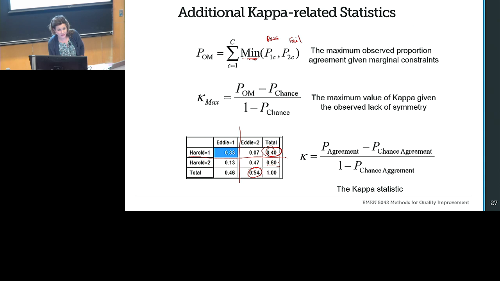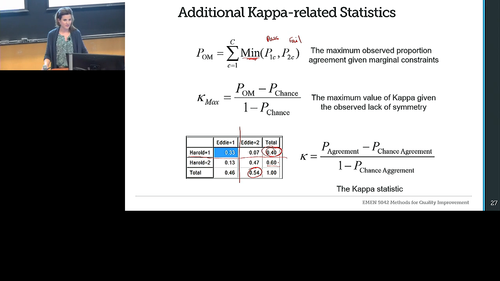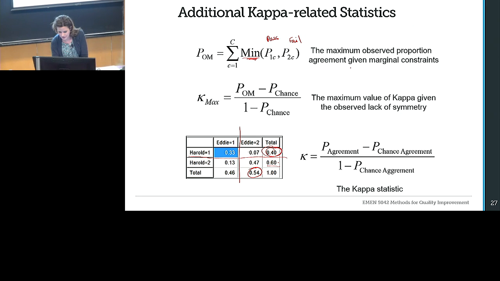The max agreement that could have happened, based on what he limited it to, could have been 54. It's just a function of what their assessment actually is, not what it should have been, but what could have been given what we call the marginal constraints of how it turned out.